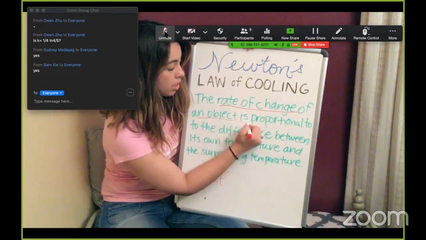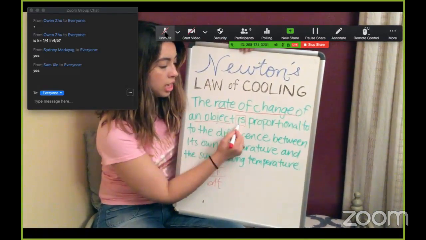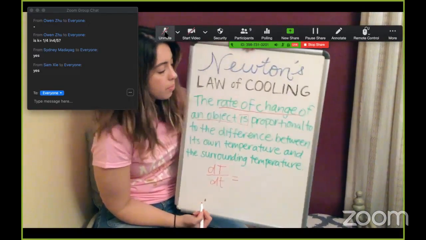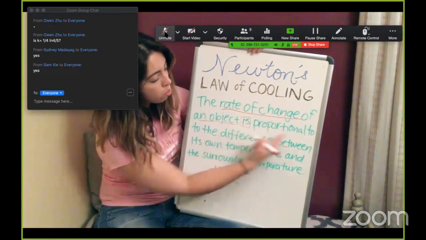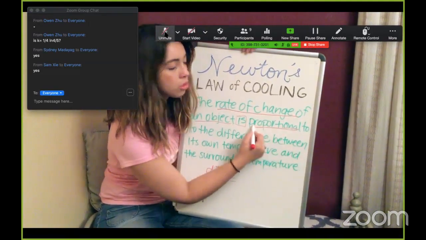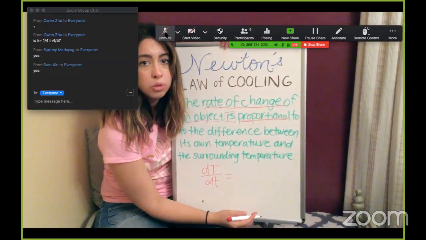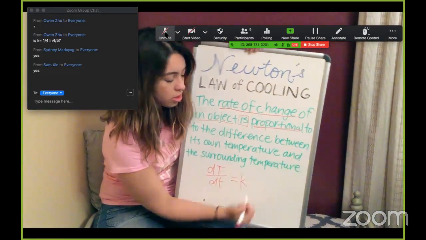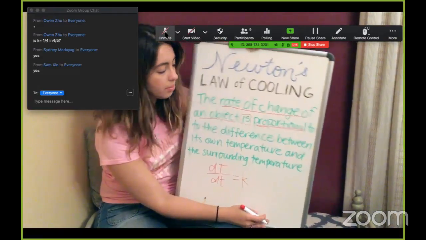Then we see the word is. So the rate of change is, whenever we see that, we want to write equals. So it is proportional to the difference. So when we see proportional, that just means we are multiplying by a constant. So I'm going to use just the letter k as a constant.